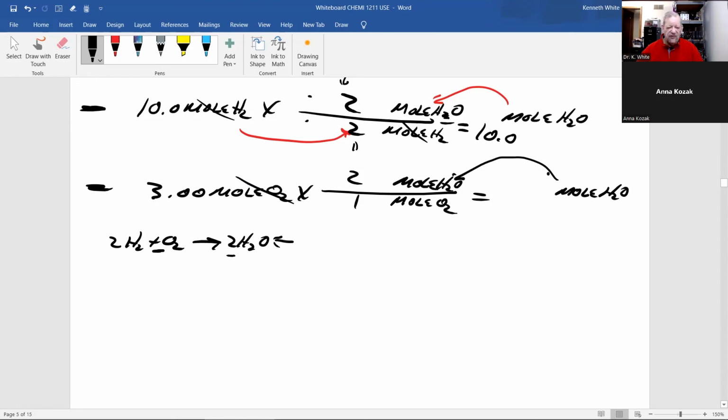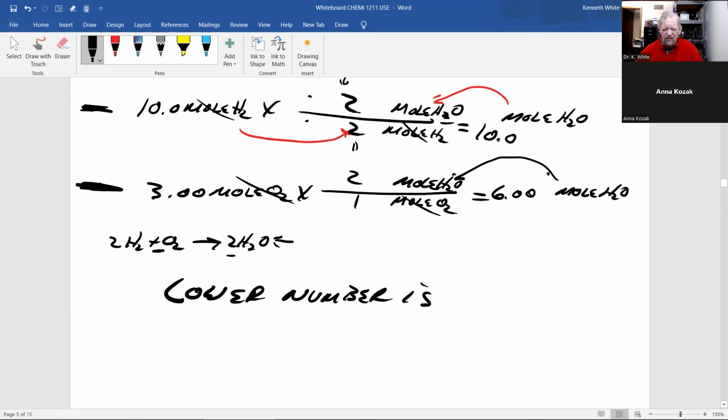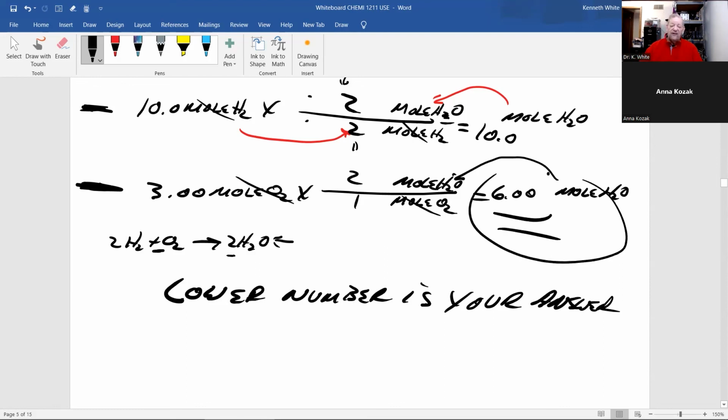And moles of oxygen divided by moles of oxygen cancel out. 2 times 3, 6.00. Now, for this one, you look at both of these, and the lower number is your answer. In that case, our answer is this 6.00.